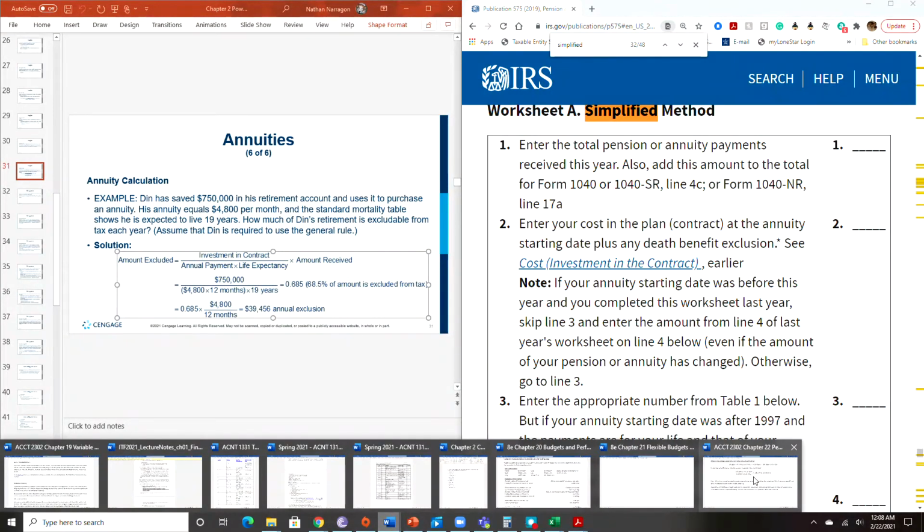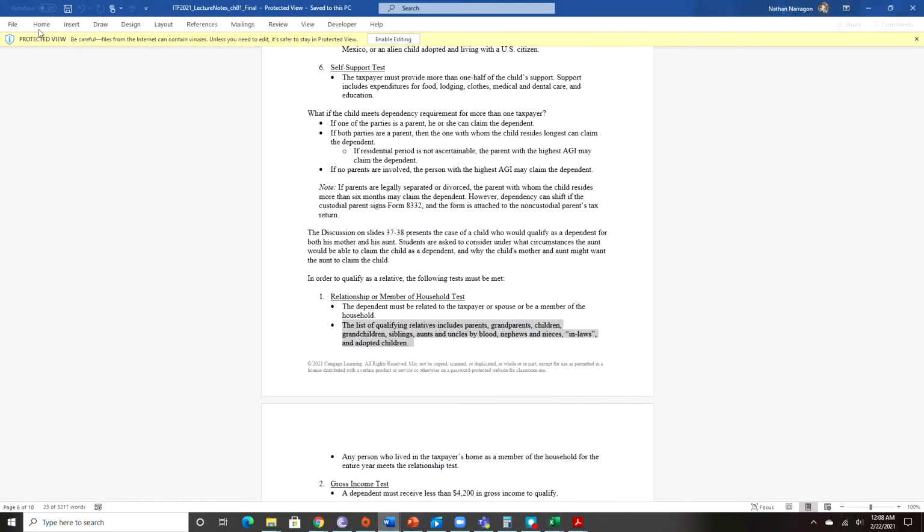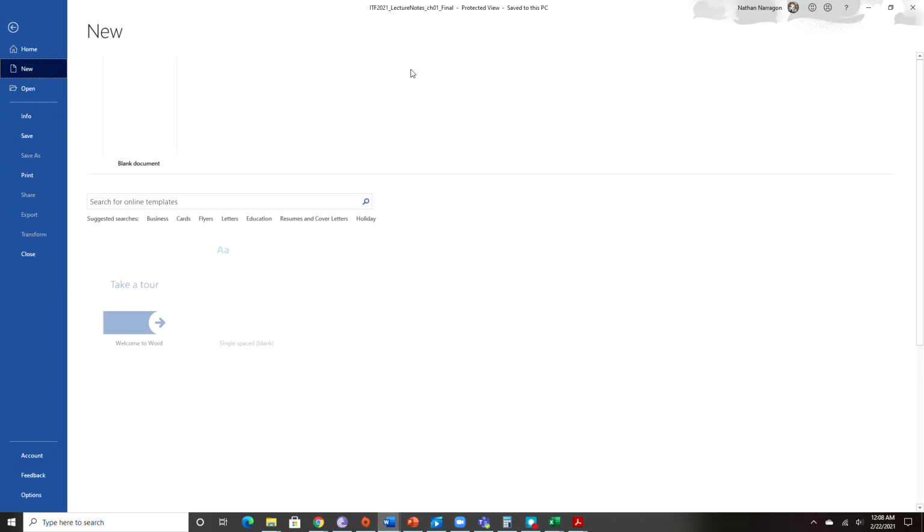So, total pension or annuity payments received this year. Line 1. Let me see here. Let's do this. File, new, blank document. Again, doing this all on the cuff.